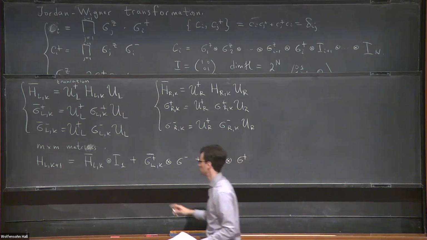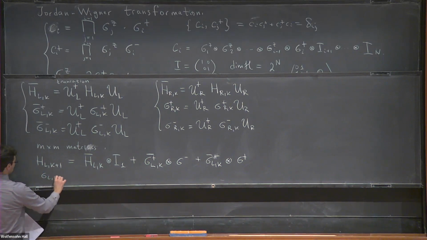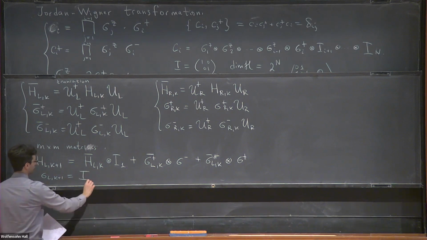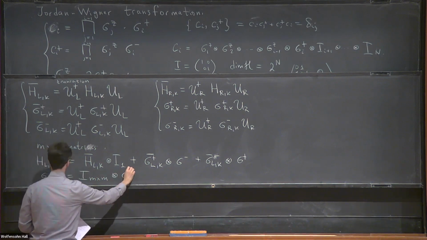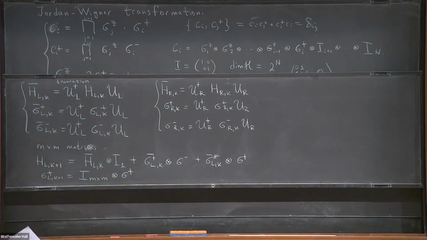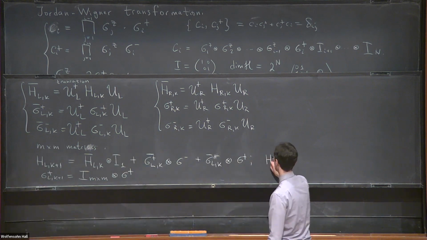So I can continue building my Hamiltonian, but now using these truncated blocks. And the sigma L_k plus 1 will be just the m by m identity matrix times sigma plus, and the same for sigma minus.